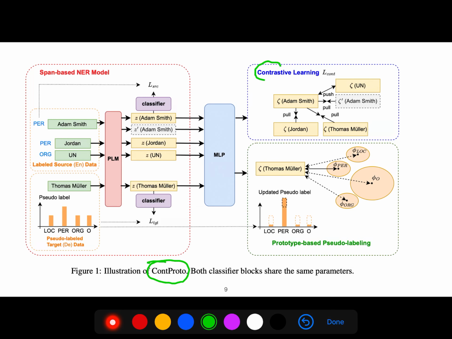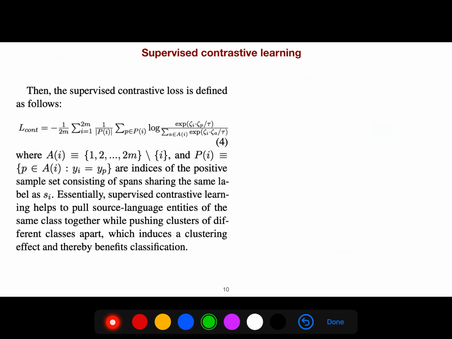As you see, we are using contrastive learning, we are using few-shot learning based on prototype-based pseudo-labeling, and of course, it's not just token-by-token NER, but span-based NER, which is a recent idea for NER based on span prediction, because we may have nested named entities.